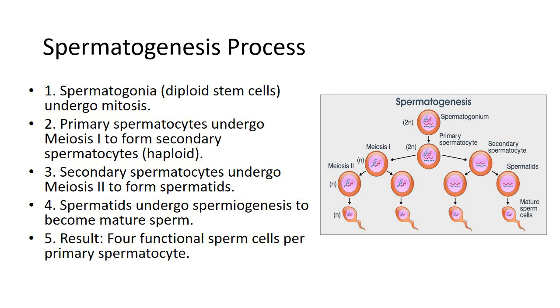Spermiogenesis, sperm maturation. The spermatids undergo spermiogenesis, a process of maturation where they transform into mature sperm cells.